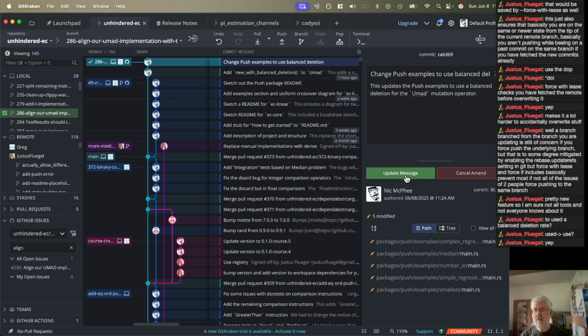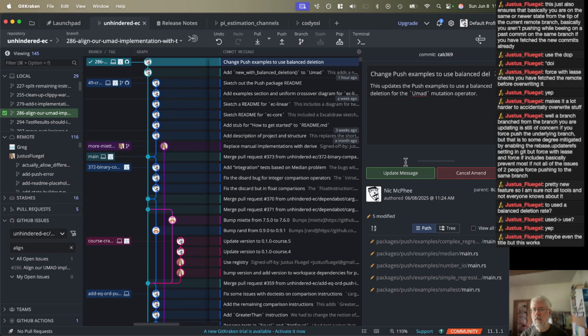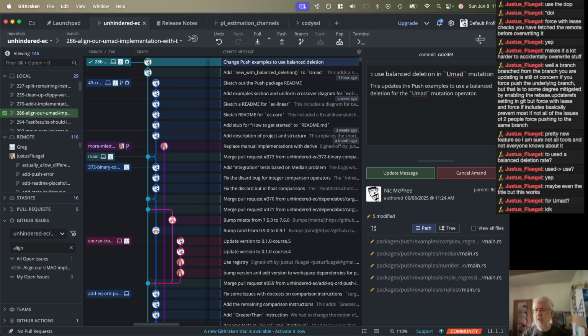So does that get us there? To use balanced deletion in UMAD mutation. For UMAD, that's better. Yeah, I like for UMAD. For UMAD, okay.